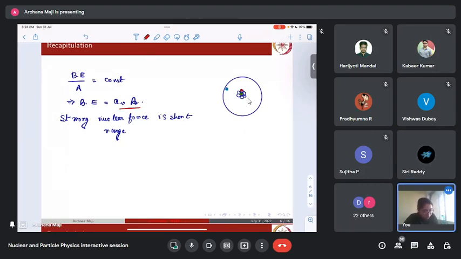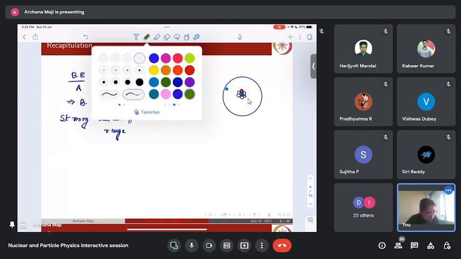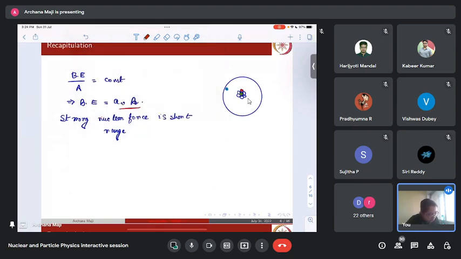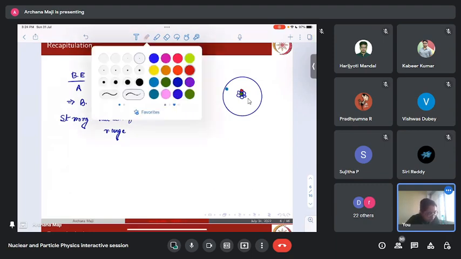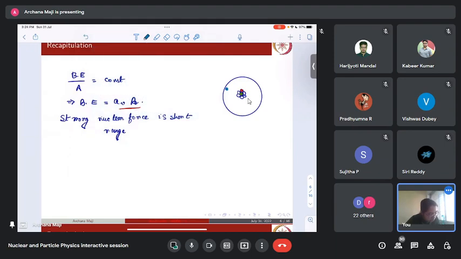Yeah, sure. So what I want to mean is that suppose you consider this particular nucleon, this green one, and you consider the interaction of this green nucleon with all the other nucleons, like the one which is just staying at its neighboring position, also the one which is staying far away from it.